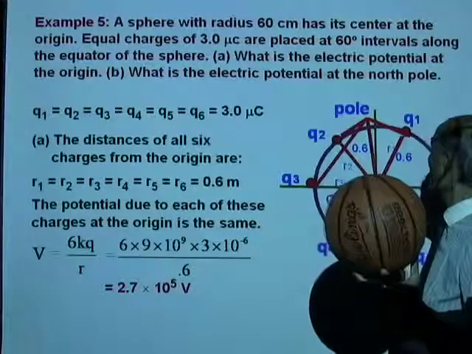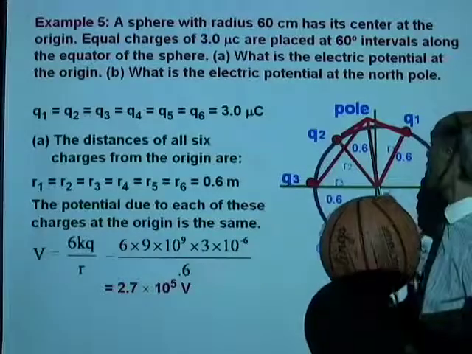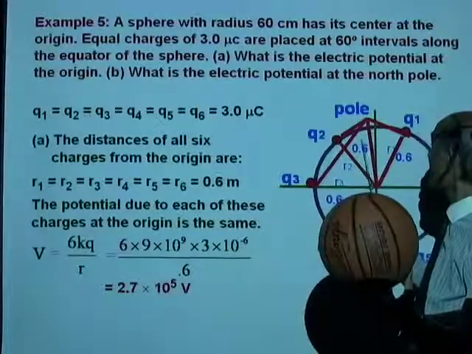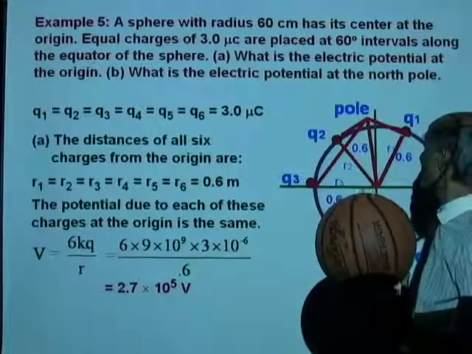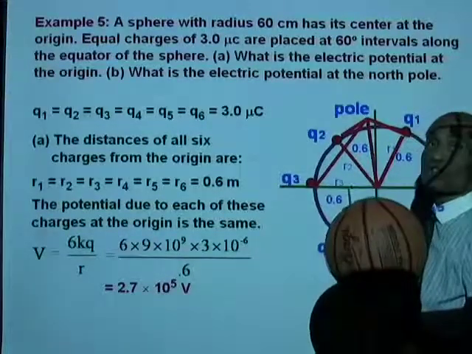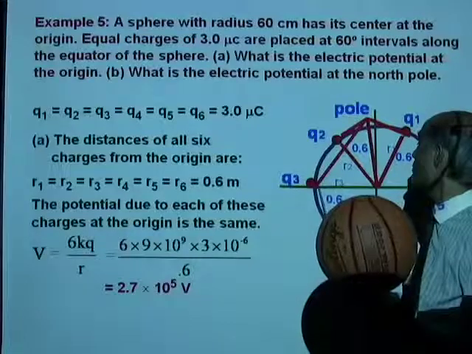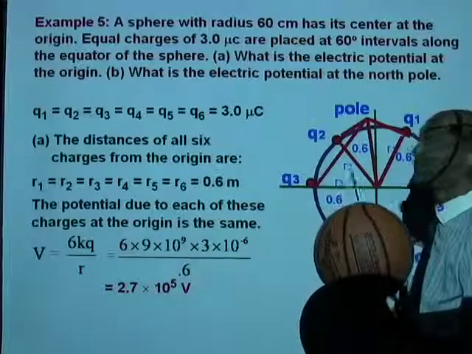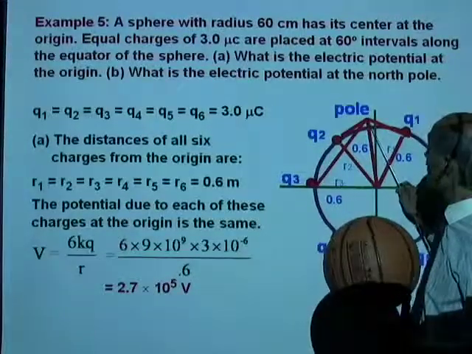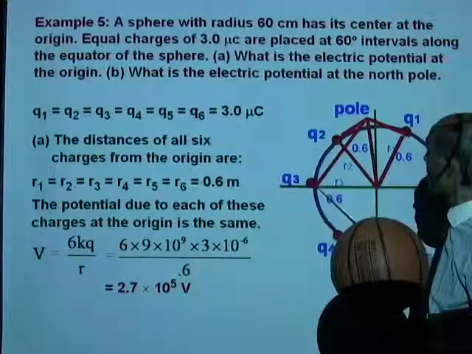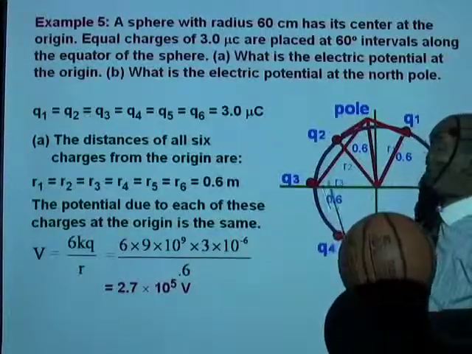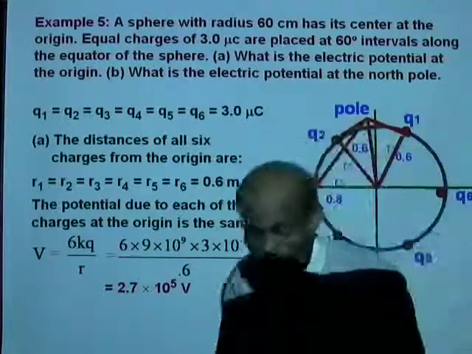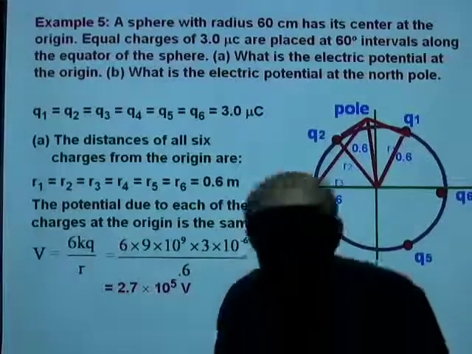That is what I have actually done here. This is a line from the center to the North Pole, that is the radius, that is 0.6. And the distance from the center to a charge is again the radius, that is 0.6. Now, the distance of the North Pole from a charge is the hypotenuse of that right triangle. What is the length of the hypotenuse?